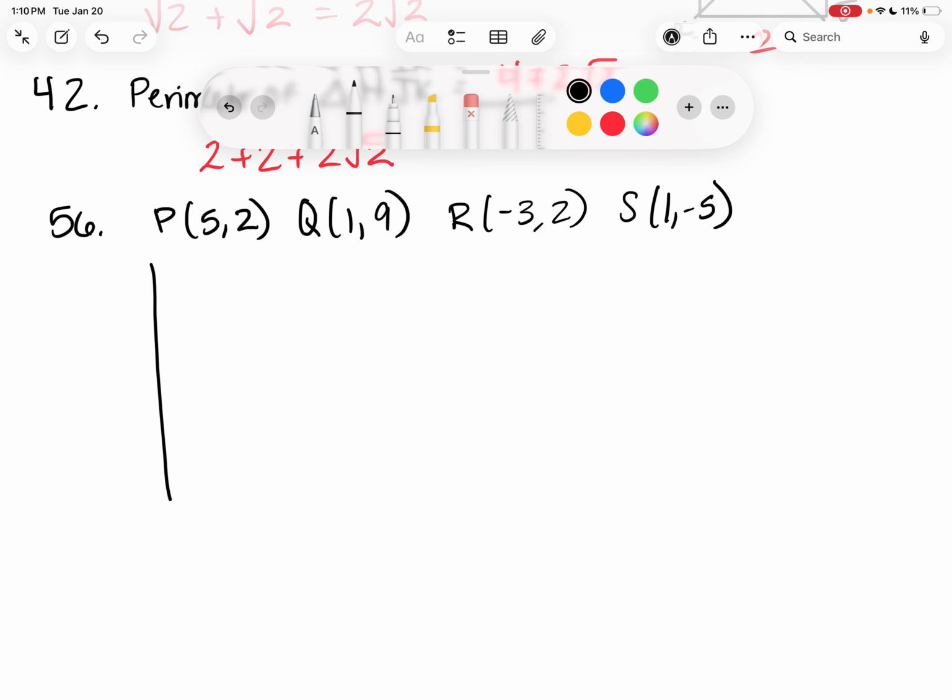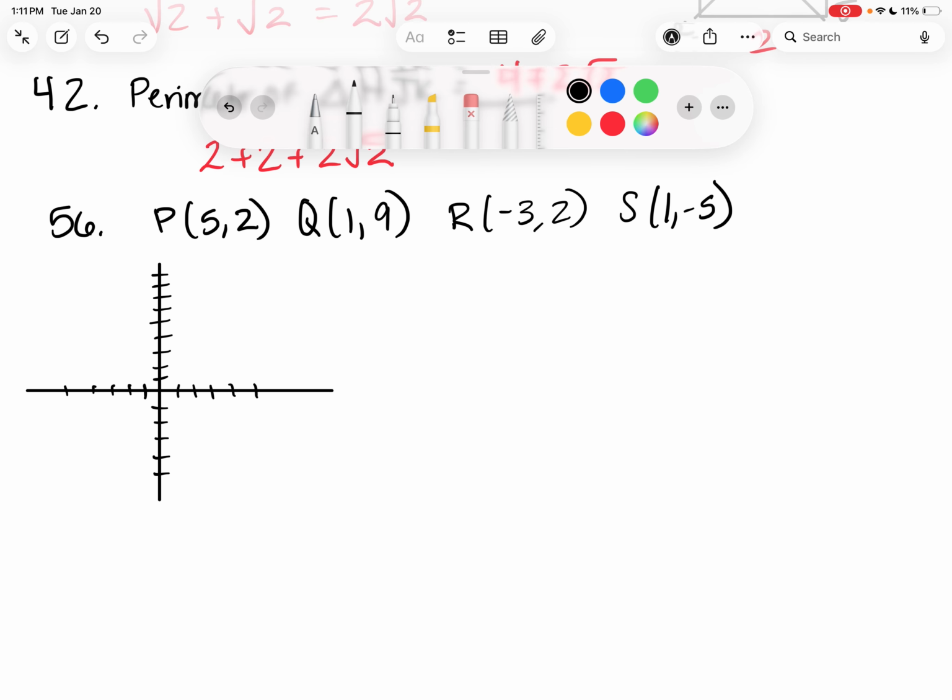So I'm going to go ahead and set up a graph here. It looks like other than on the positive y-axis, I only really need to go out to 5.